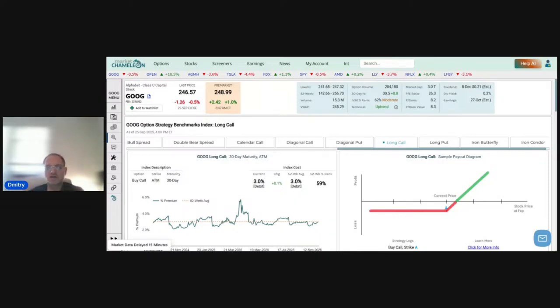So first we have to define the maturity that we're benchmarking. Here we have a 30-day maturity. This is an option with 30-day maturity that we're benchmarking, similar to the VIX, where we're looking at 30-day maturity.